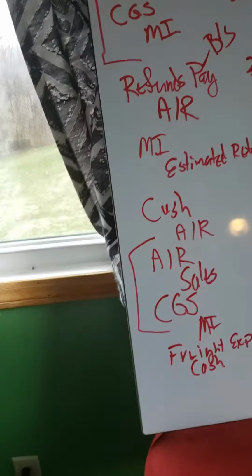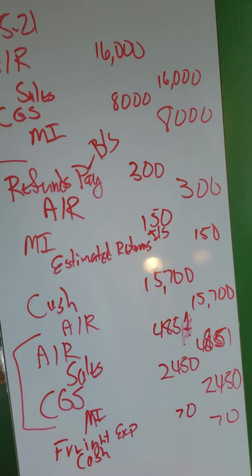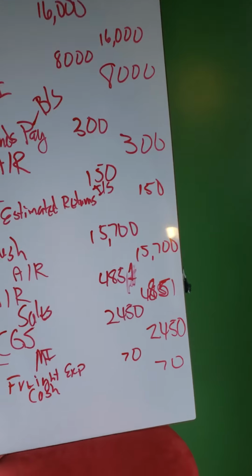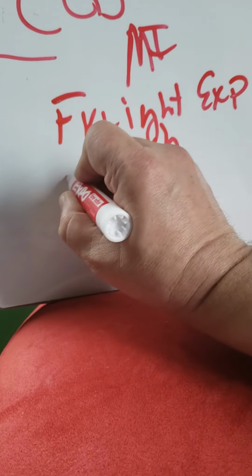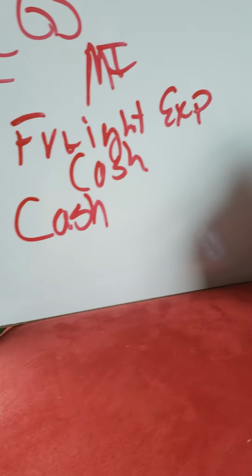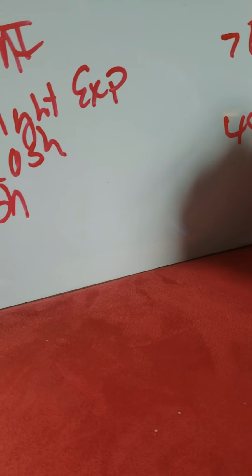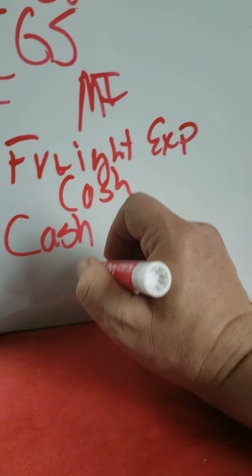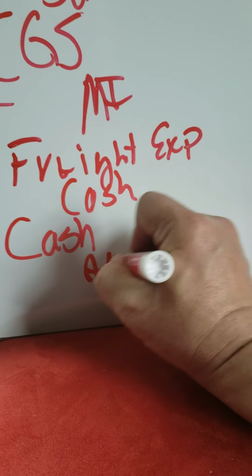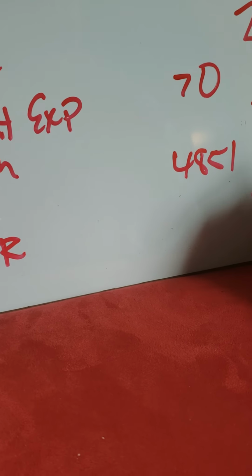And finally, we received payment from the customer and they paid within the discount period. So it's going to be cash for $4,851 and accounts receivable for $4,851.